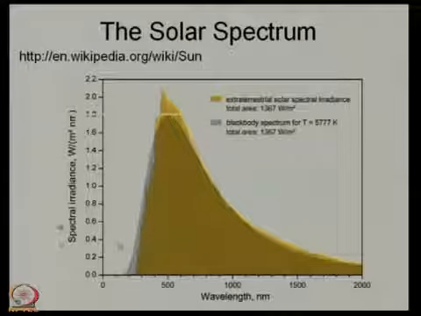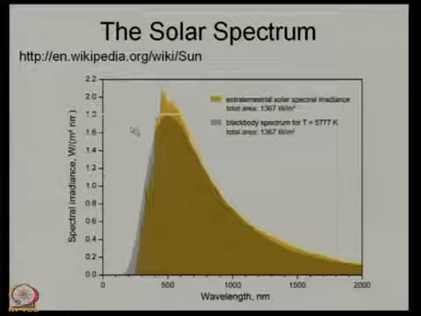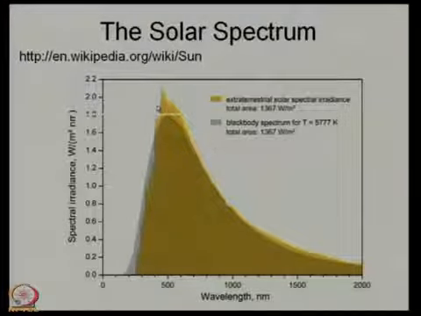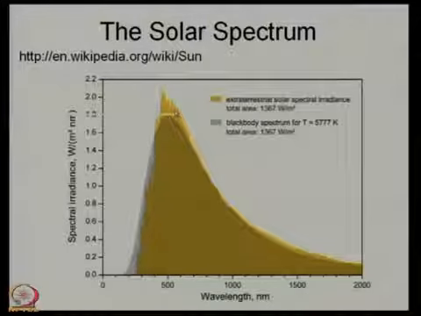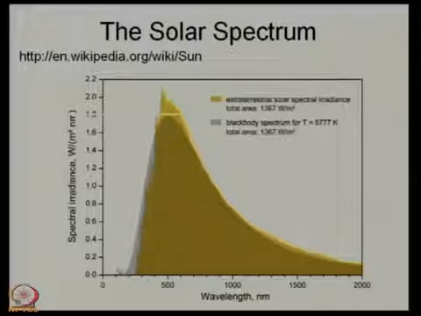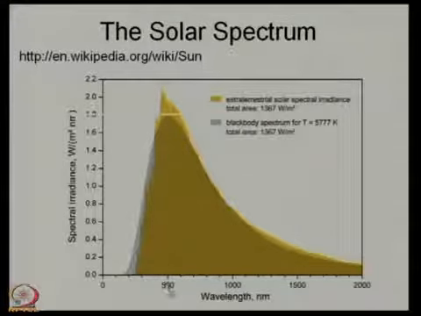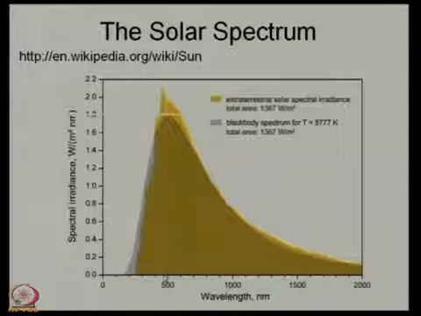The peak is around yellow, which is why the sun appears yellow. The sunlight appears yellow to our eye because the black body radiation and also the solar spectrum both peak somewhere around yellow, around 5000.